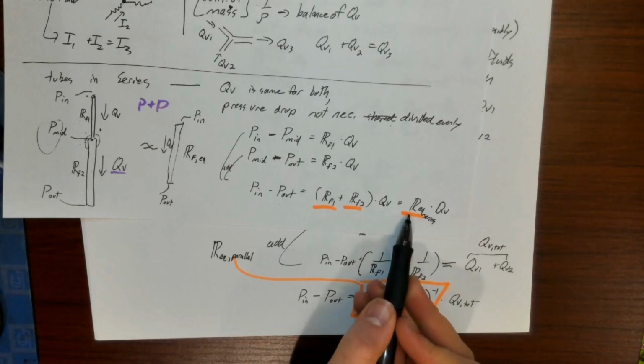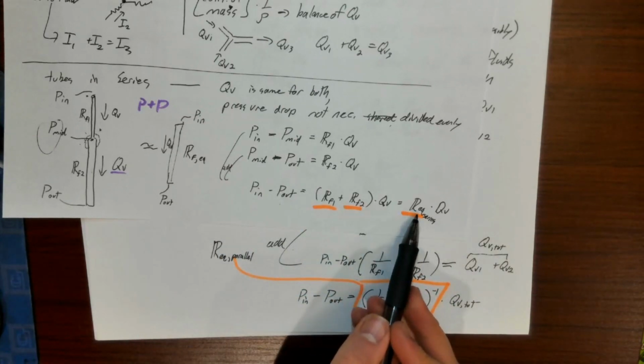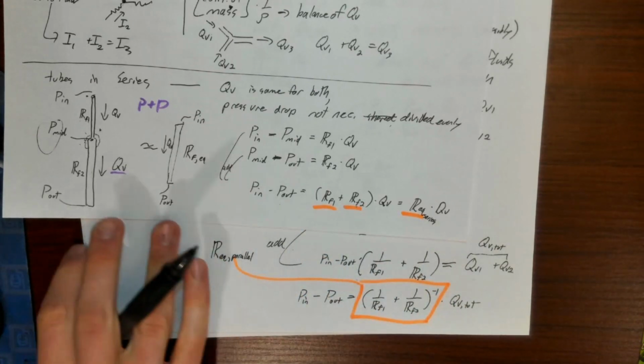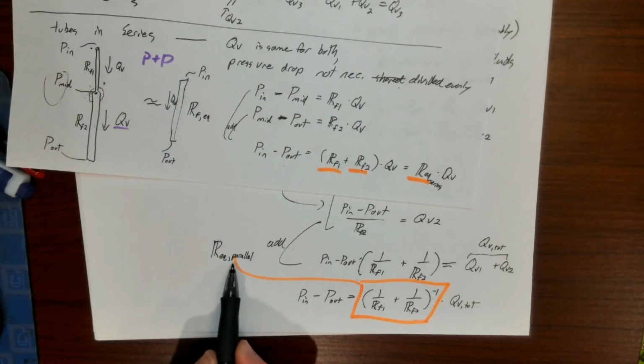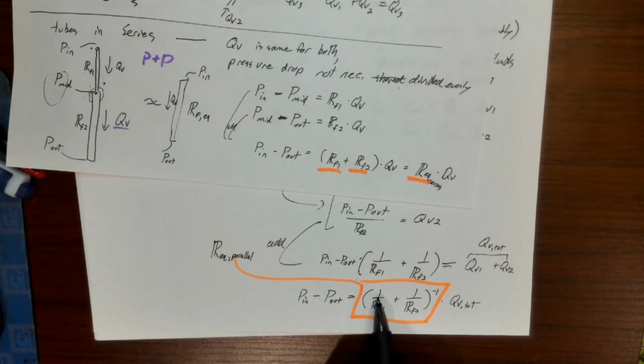For pipes in series, the equivalent resistance is adding them up. When you have pipes in parallel, the equivalent resistance is taking the inverses, summing up the inverses, and then inverting that.